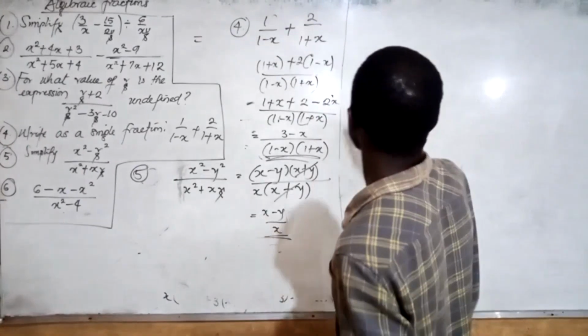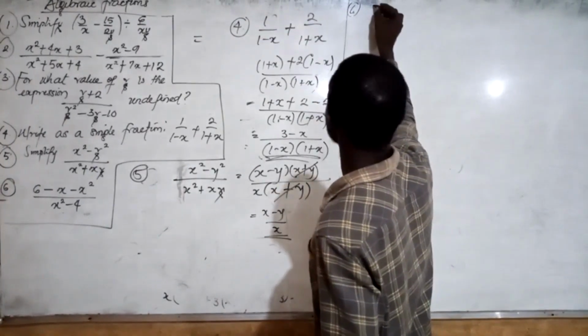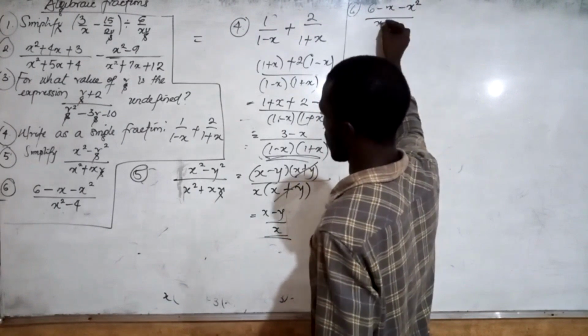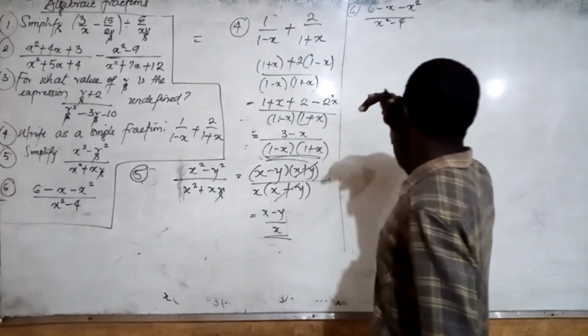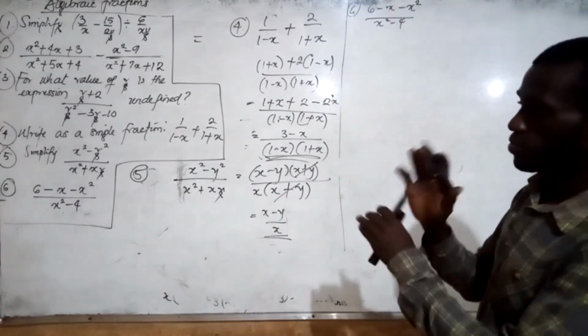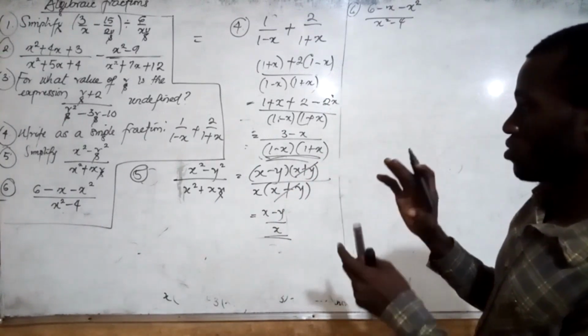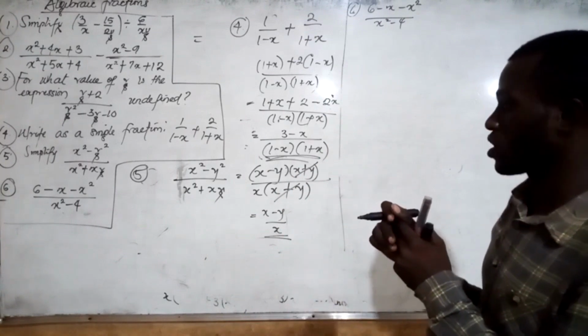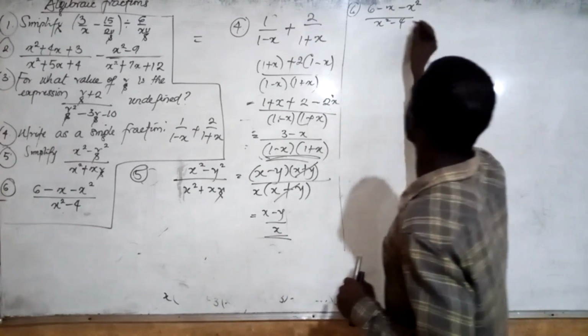So we'll solve the last one, which is number 6. It says 6 minus x minus x squared over x squared minus 4. Alright, seeing that the quadratic expression on top is flipped over, we'll try and reorganize it to the correct form of a quadratic expression. So we try to rearrange it.